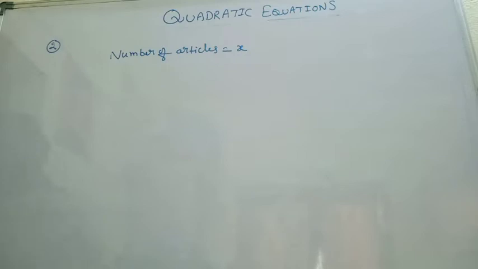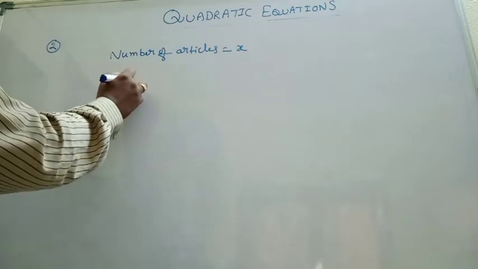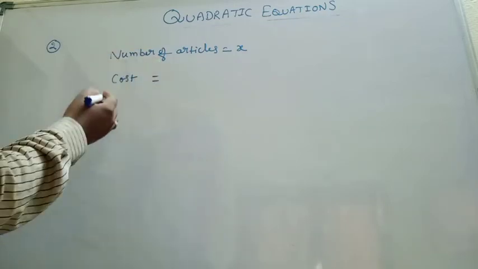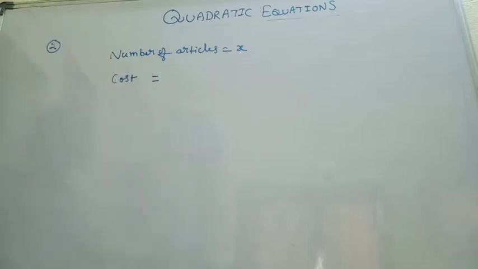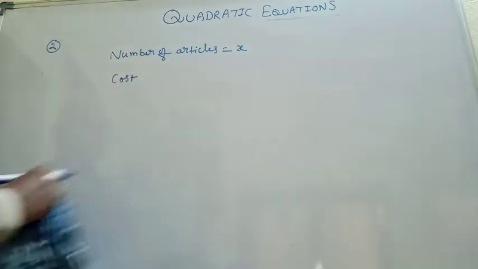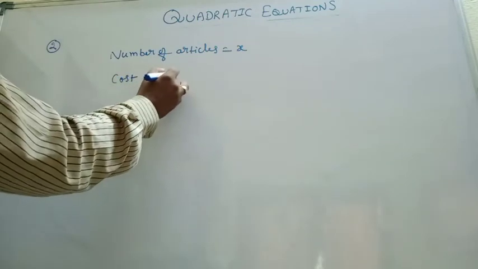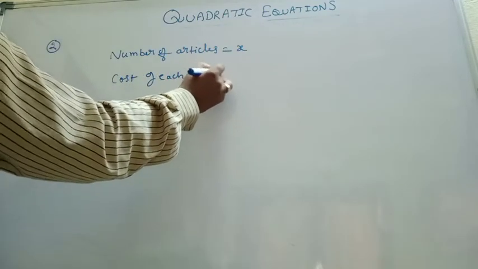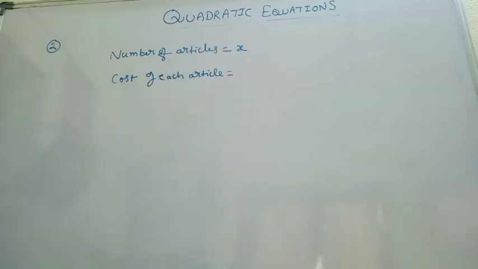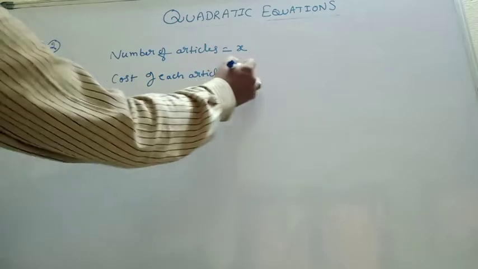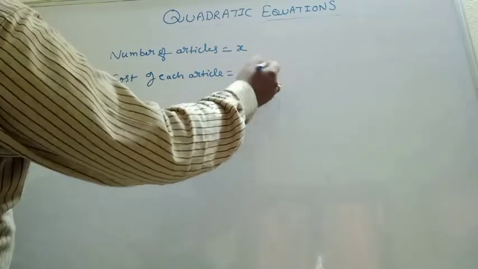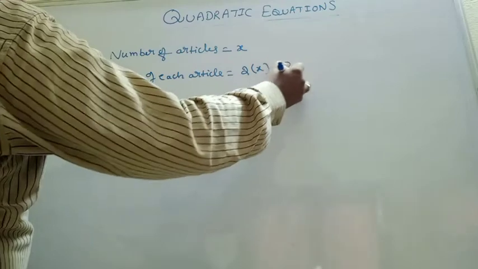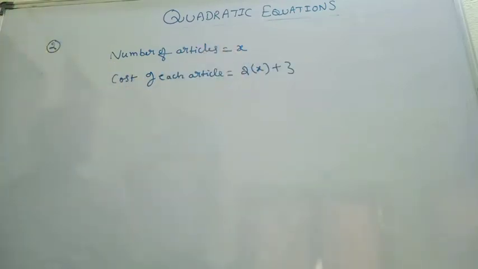It was observed that on a particular day the cost of production of each article is, they have given, 3 more than twice the number of articles. Twice the number of articles is 2 into x, so twice the number of articles plus 3. This is the cost of each article.